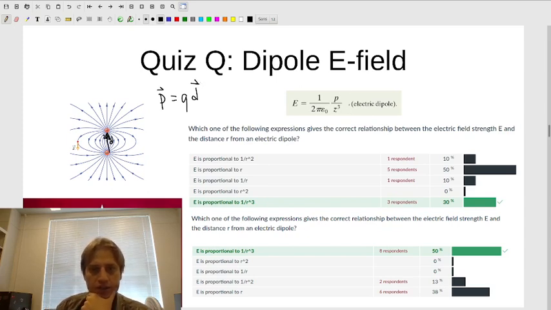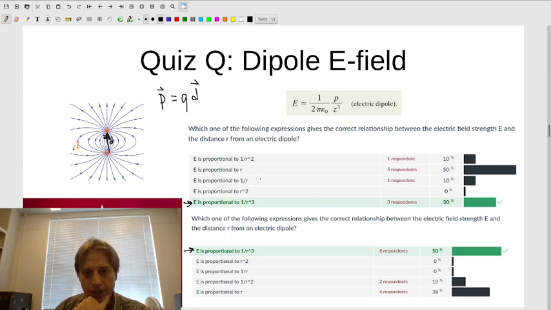Now notice, here's your electric dipole field, it dies off as 1 over r cubed. So that's this one. And it's also proportional to the dipole moment on the top.